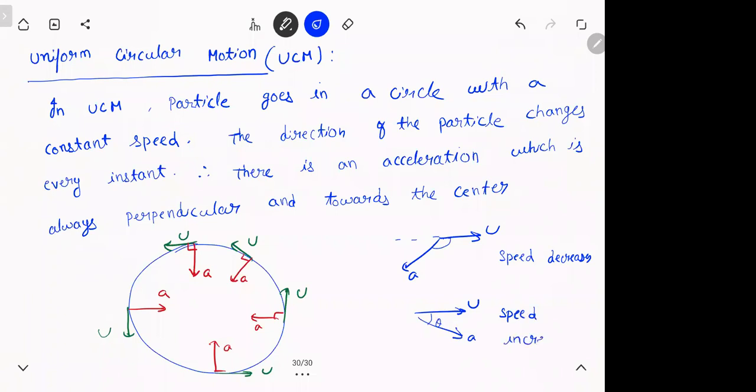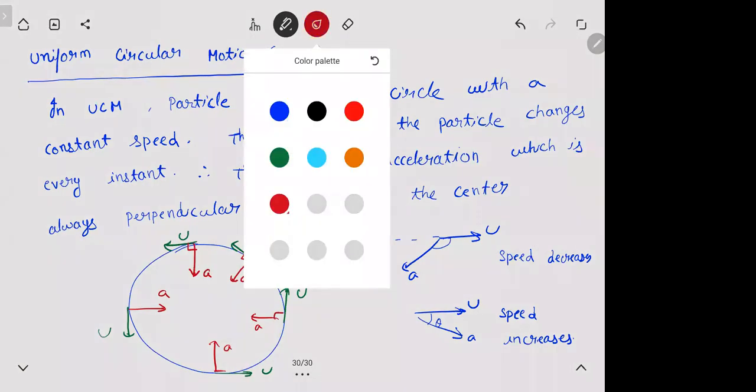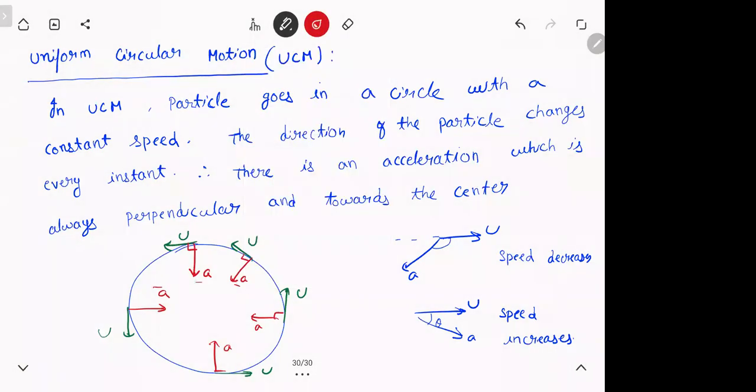Then the only option is that U and A should be perpendicular. That is the reason why acceleration is perpendicular in uniform circular motion. If it is not perpendicular, the speed will either increase or decrease. Put it down. And look here, the direction of A is also changing.